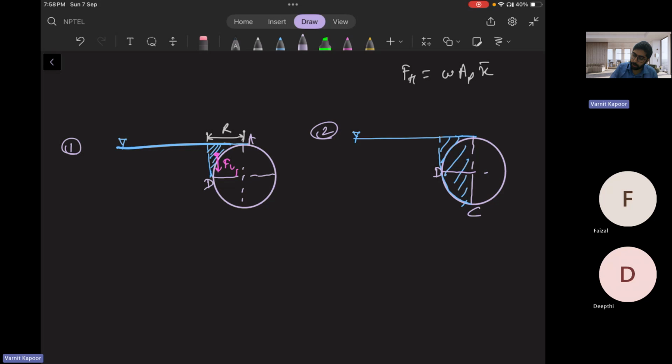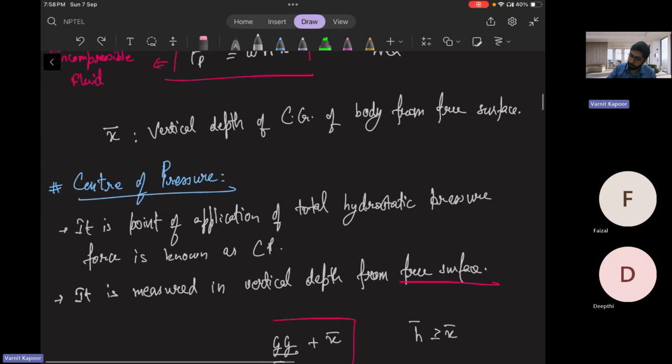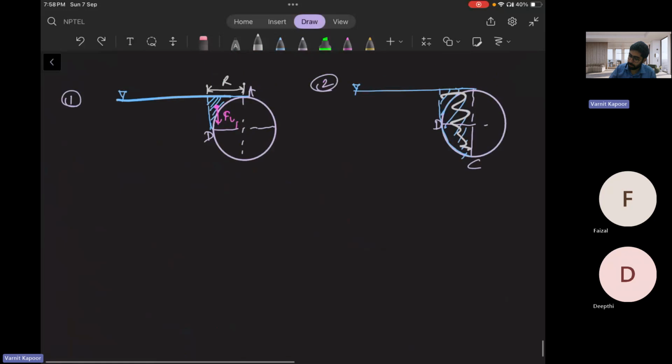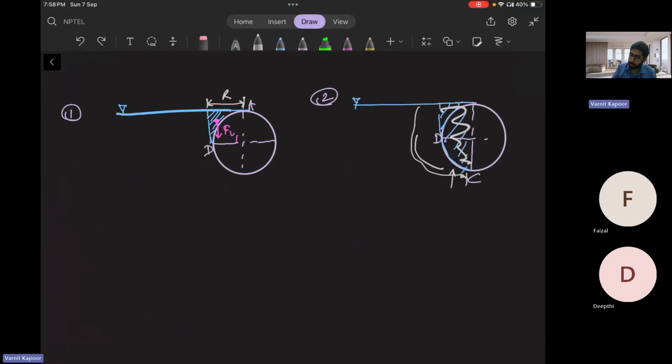Okay. So because of this much liquid till here, there is a vertical force above. So we have assumed that there is a liquid here, imaginary liquid, and that is giving me a vertical force, so this is my vertical force 2.